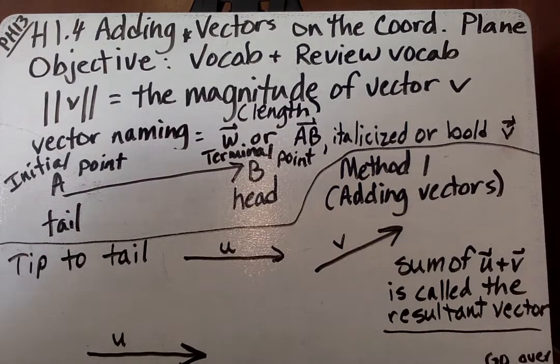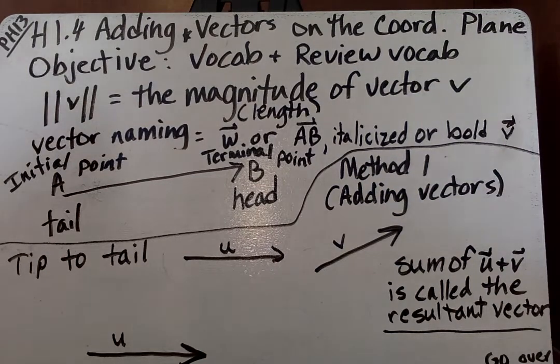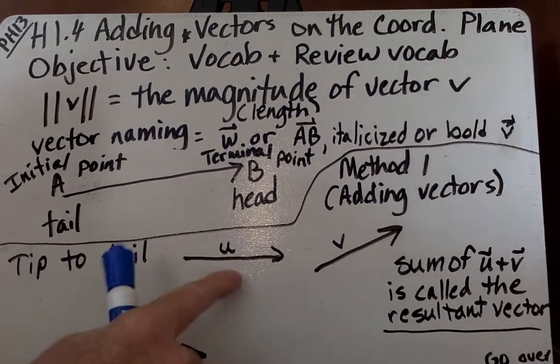We're going to get right into method one of adding vectors. So the first method I'm going to teach you is the tip to tail. And in the packet, it says a geometric method for adding two vectors is shown in the figure below. So we have a U here and a V here.